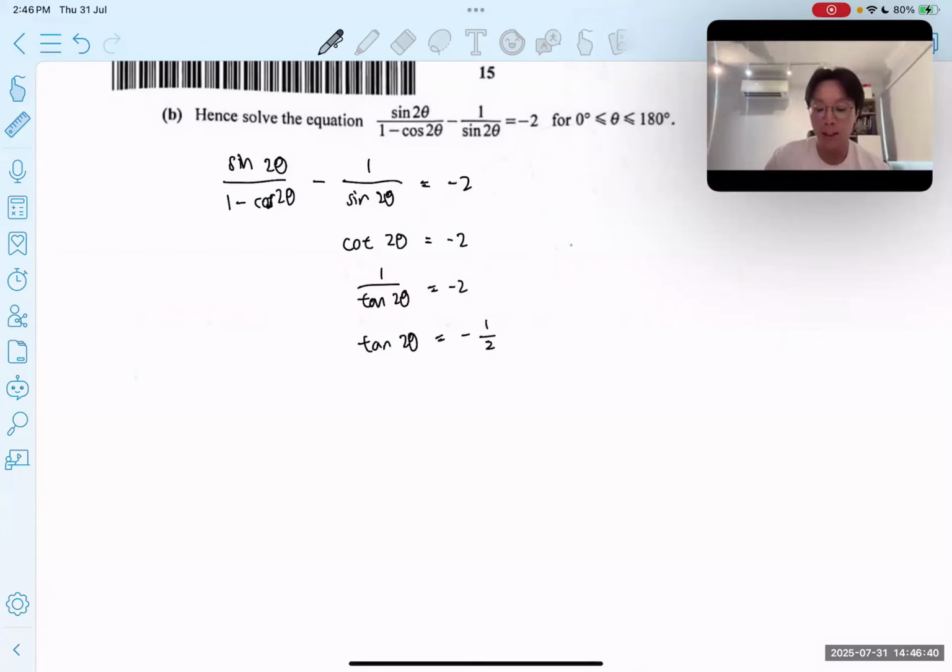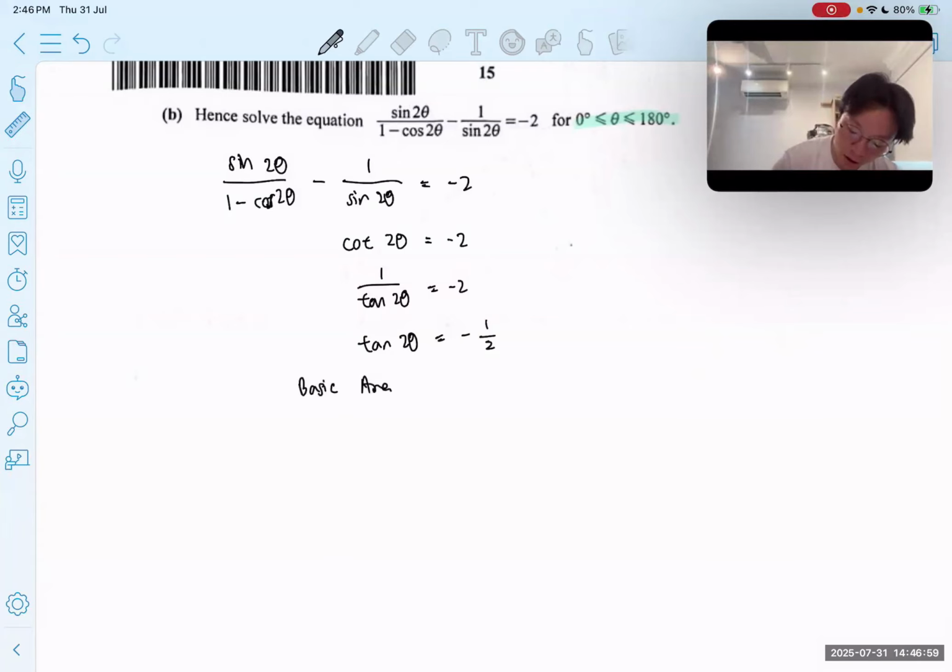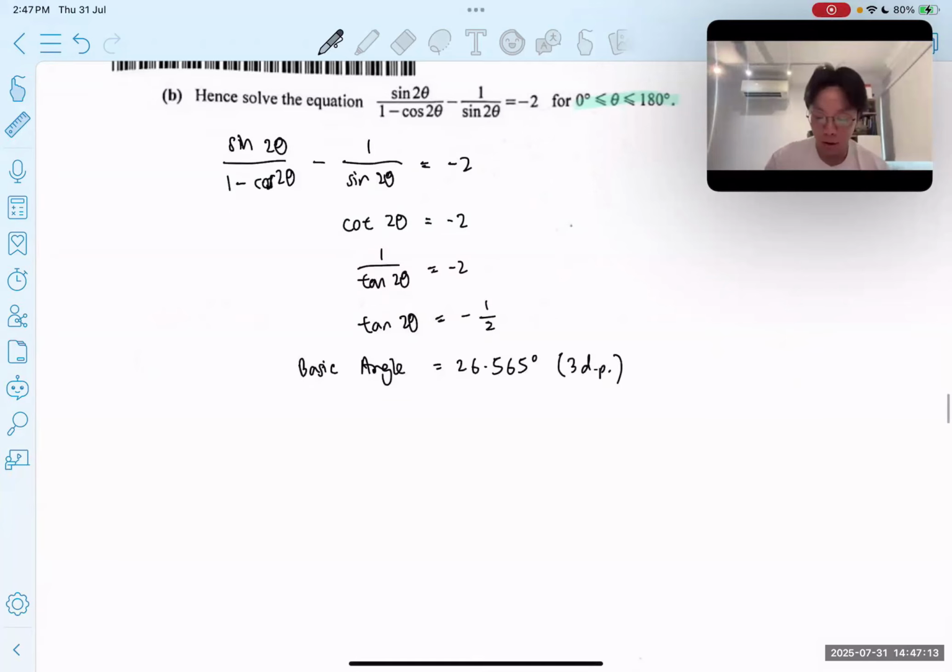Given that there is a domain involved in this question, we know that we have to find a basic angle first. But right now, we don't know which quadrant this angle belongs in. What we can find is the basic angle, so let's do that first. We will find the basic angle to be 26.565 degrees using a calculator, to 3 decimal places.